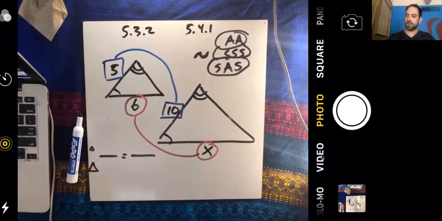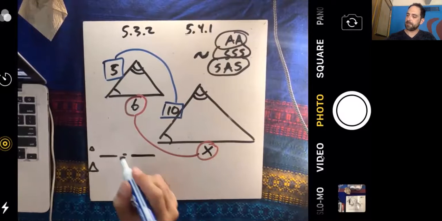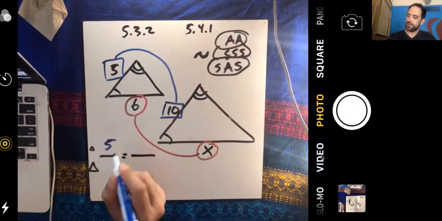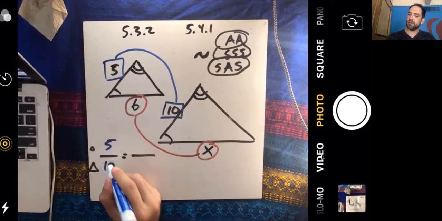So I'm going to put 5 and 10. Small triangle 5, big triangle 10. And then for the other corresponding part, 6 and x, I have to make sure that the numerators are from the same triangle, the smaller triangle. So instead of 5 here, the same triangle has 6. The corresponding side in the larger triangle is x, okay?